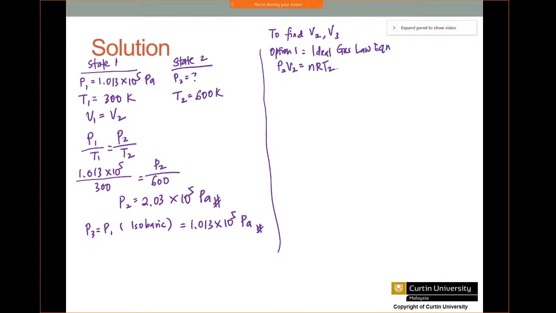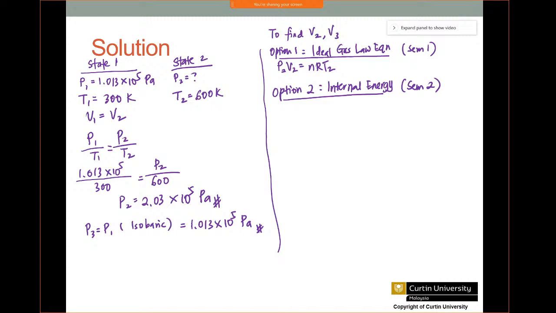You can use this, or we can use what we have learned today by using internal energy. So you can find with two types of methods. This method one you have learned in your semester one. So I will go through what we have learned in semester 2 with you today.